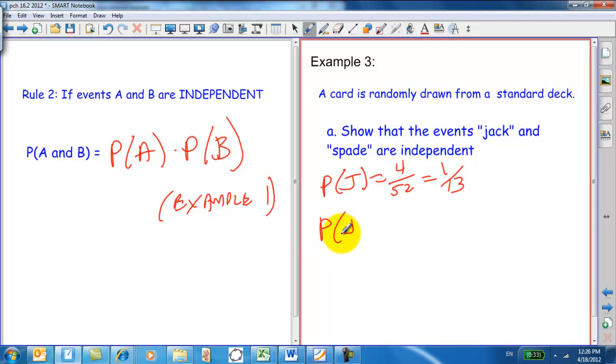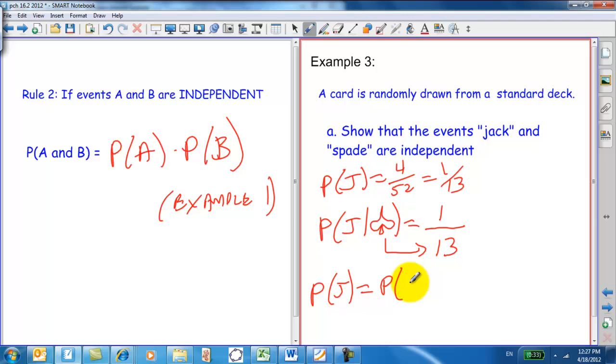The probability of a Jack, given that it's a Spade, is, well, now we have a new sample space of only the 13 spades, and one of those is a Jack. Notice how these two are equal. The probability of Jack equals the probability of Jack given that the card is a spade. Therefore, Jacks and Spades are independent.